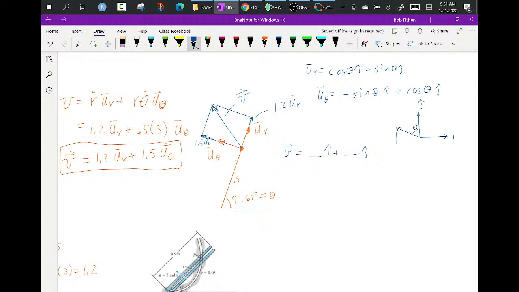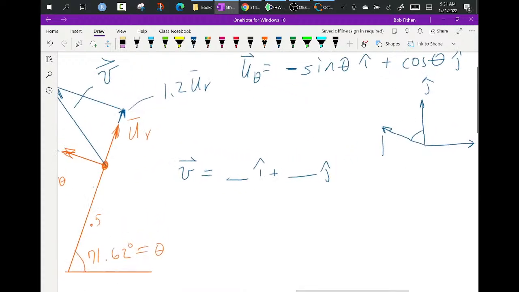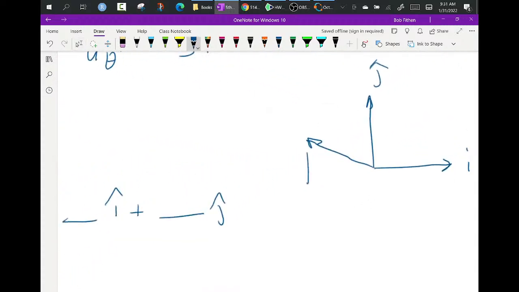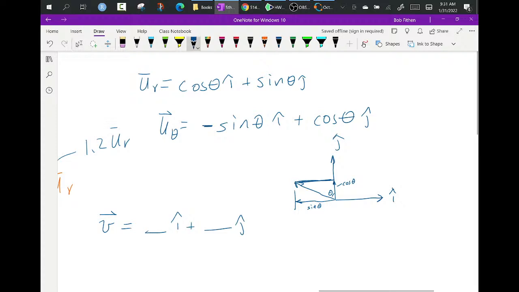So here's the y component. Here's the x component, the same distance as from here to here. The difference is it goes in the minus I direction. So you have a minus there, and you have a plus there.